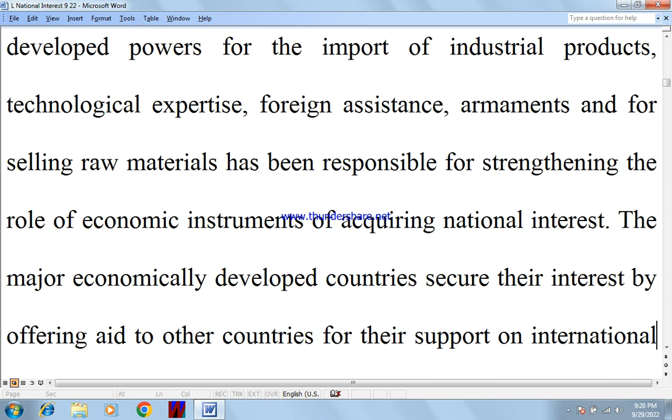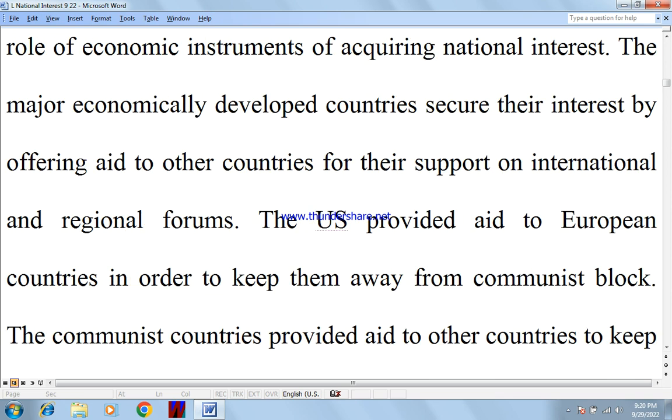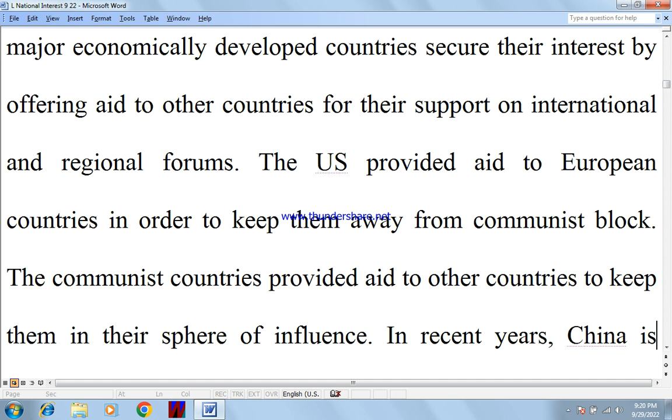The major economically developed countries secure their interest by offering aid to other countries for their support on international and regional forums. The United States provided aid to European countries in order to keep them away from the communist bloc after the Second World War.